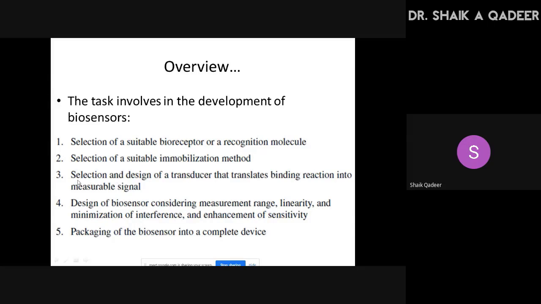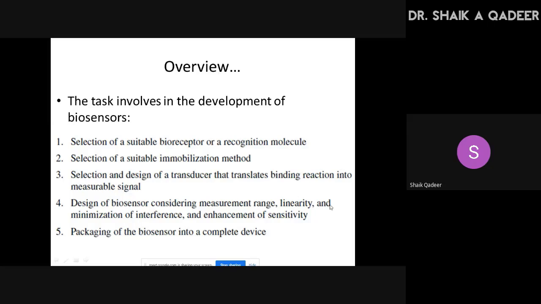Then the third thing, as expected, is the transducer. The selection and design of a proper transducer is very important. After completing the first 3 tasks, we need to go for the design of the biosensor, considering parameters which are static characteristics and a few dynamic characteristics, like linearity, minimization of interference, and sensitivity.